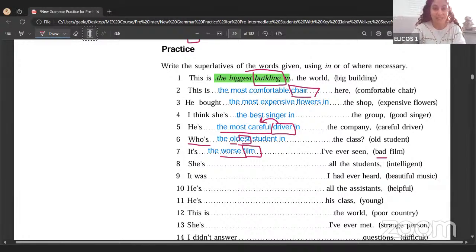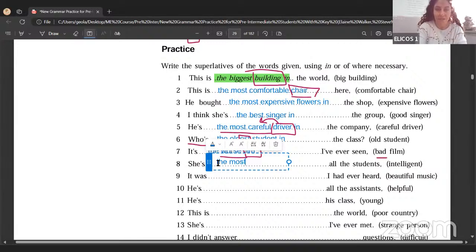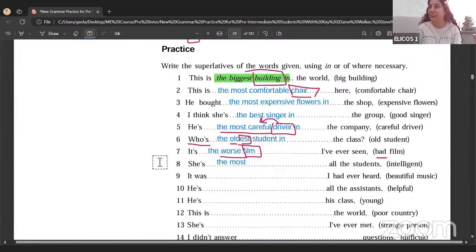8. And just another reminder, remember when we looked at the articles in the previous lessons? So when we say a, it's because it's the first time that you're talking about a noun. But when you say the, it's because you're very specific. You know exactly which noun you're talking about.